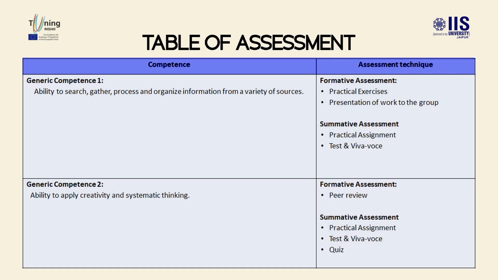The details of the assessment techniques are described in this table. Each competency is assessed through formative and summative assessments. In this case, the practical assignments, quiz, and peer review are being used to assess generic competencies.